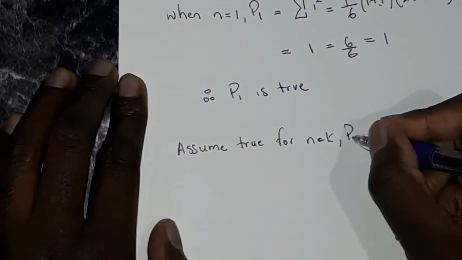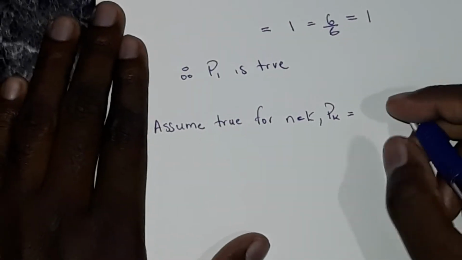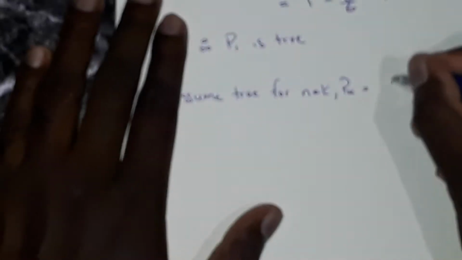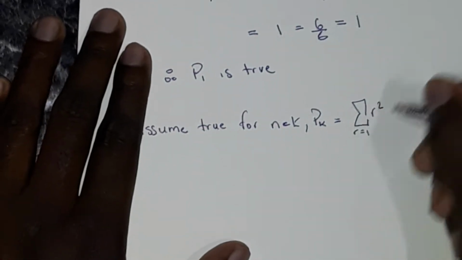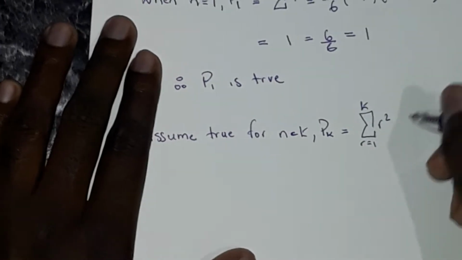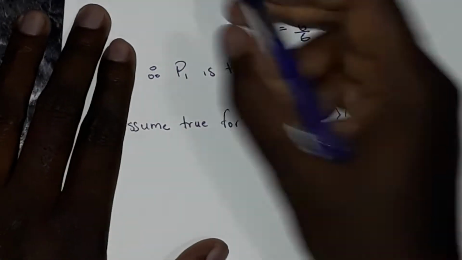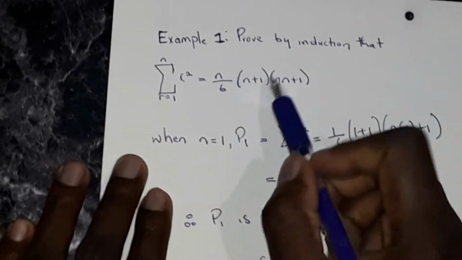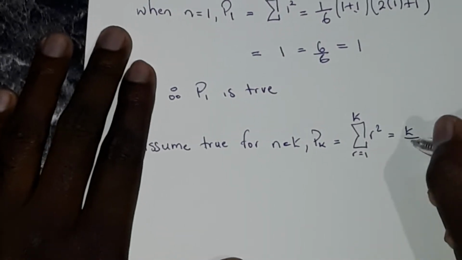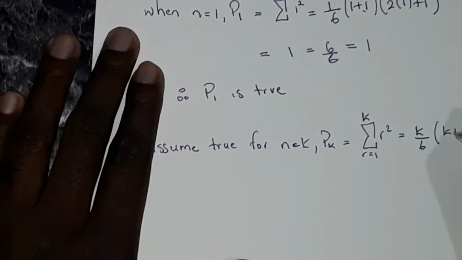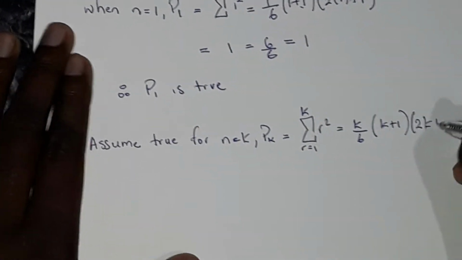And we call that P of k, which will be equal to the sum of integers from r equal 1 to k, which is equal to, so now we're going to put k wherever you see n on the right hand side. So now you would have k over 6, k plus 1, 2k plus 1.